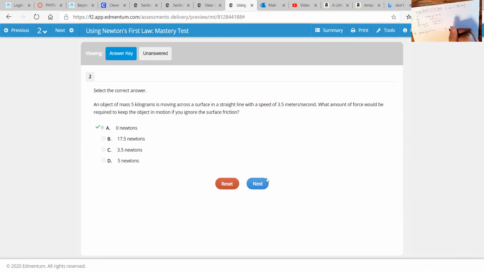So we'll have this object, mass of 5 kilograms, moving this way in a straight line at 3.5 meters per second. And if we're ignoring surface friction, that's important to remember. Ignore friction.